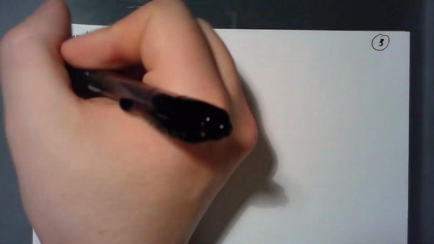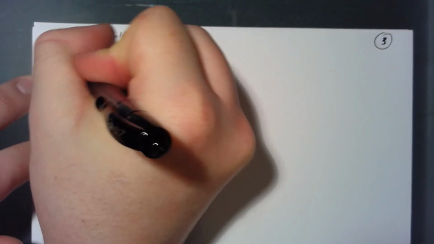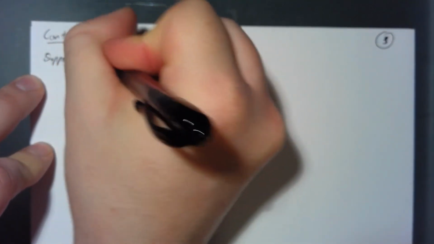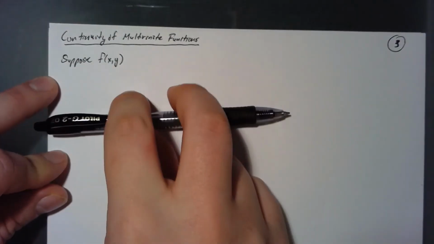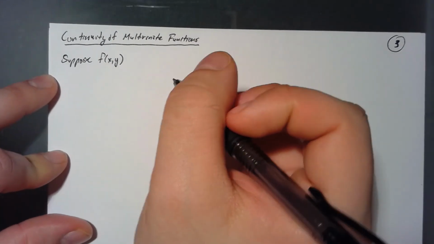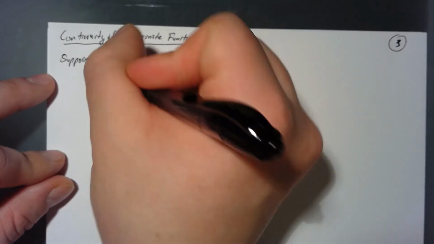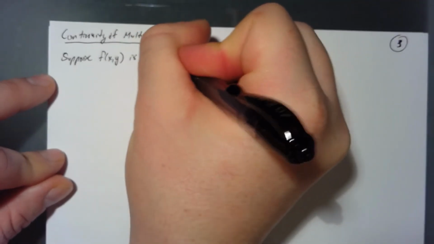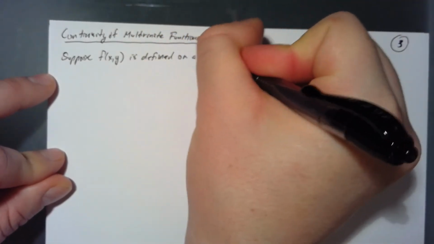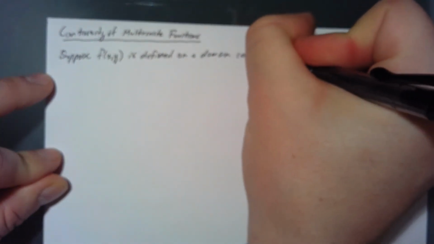And this is very similar to single variable continuity. So suppose f at x comma y, so we have a multivariate function, is defined on a domain centered at some point a comma b.